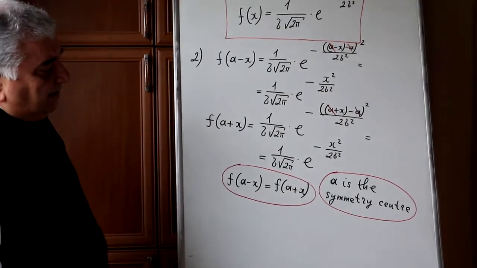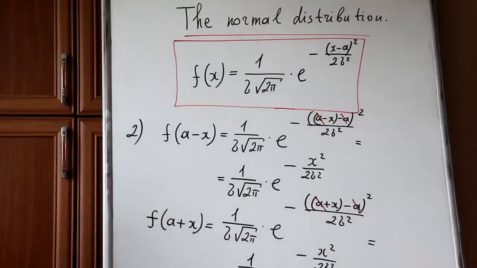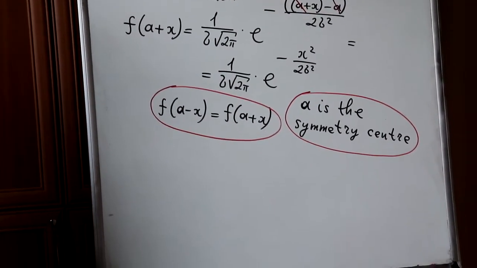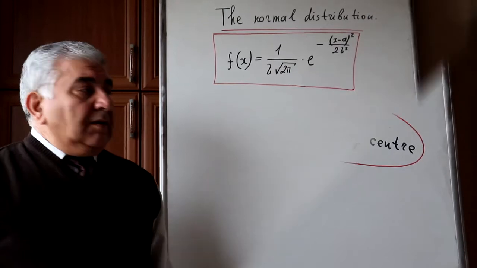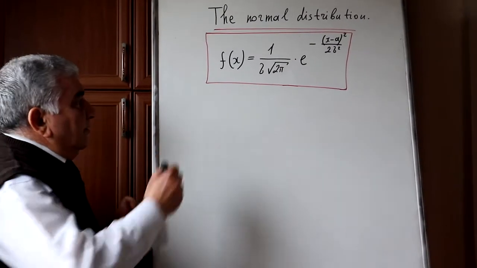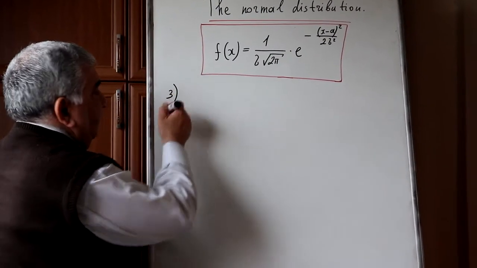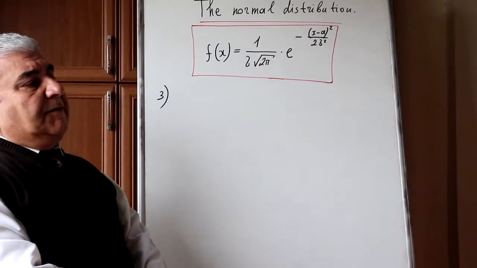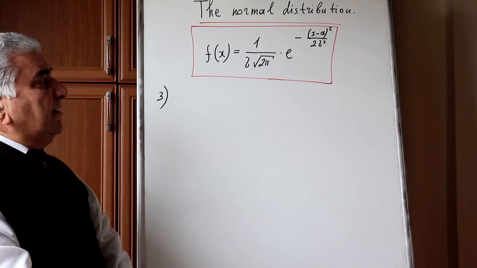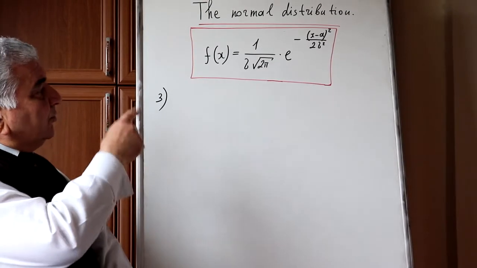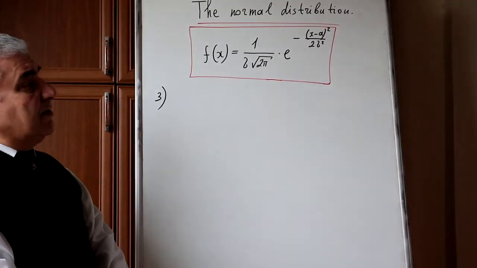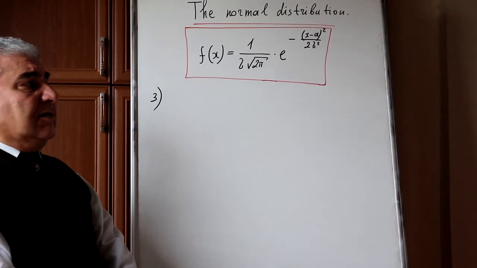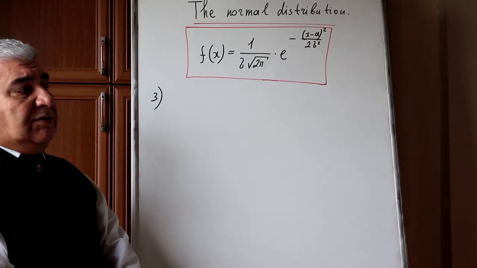Then go to the third property, and in this property we will show that the mode of the normal distributive density is also the parameter A. What is mode?